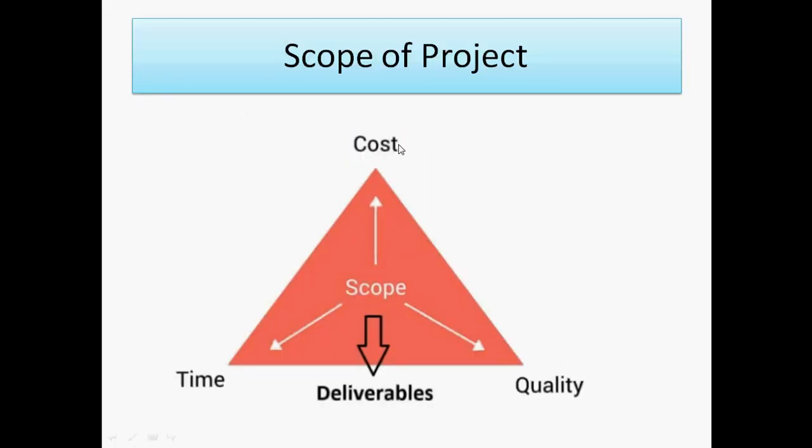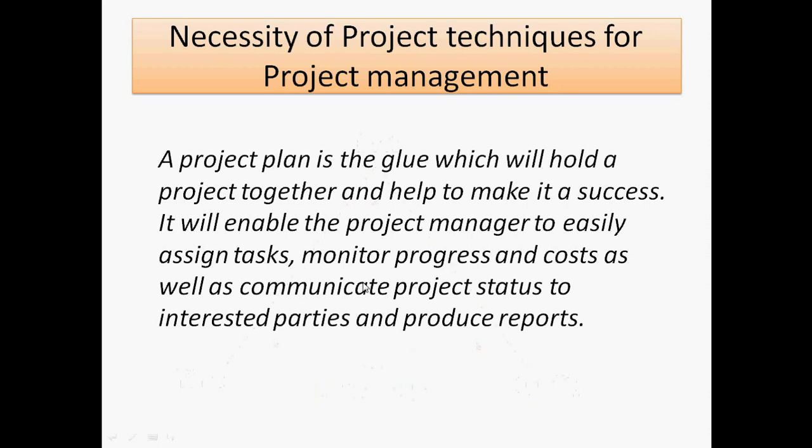Now what is the scope regarding the project? We are minimizing the project cost, project time, and improving the project quality. These are the scope we have to follow, and then we deliver to the customer. So this is about the project scope.